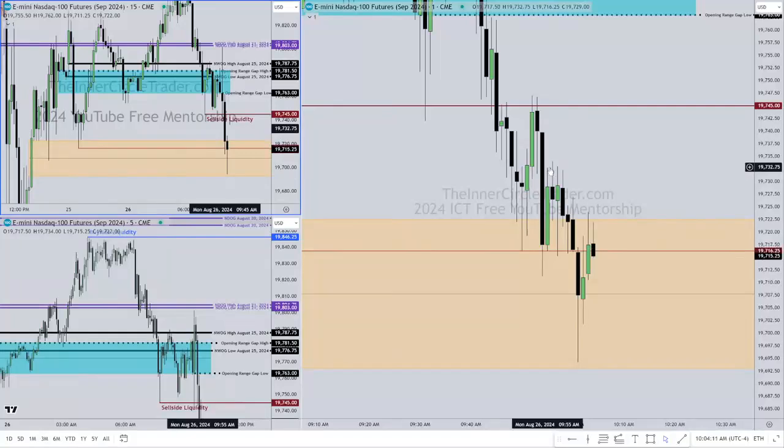Because they've read Steve Nielsen's books, or some other kind of retail logic, and they think, okay, this is going to reverse now. The only thing it's doing is exactly what you want to see it do when you're bearish. You want to see it run right back up, rebalance that. And if it didn't do it on this candle, the next candle, if it went and touched it, then I would expect speed and delivery to the downside.